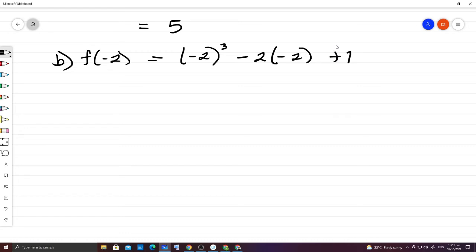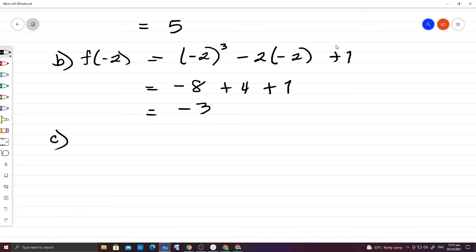Based on your calculator, please put parentheses. What's the answer? Negative 8. Negative 2 times negative 2, 4. 4 plus 1. What's the answer? Negative 3. Thank you.